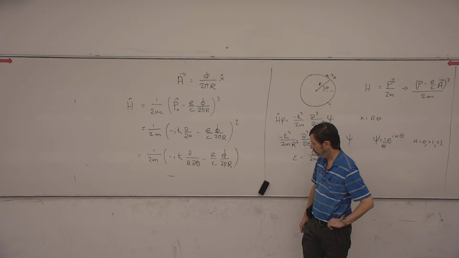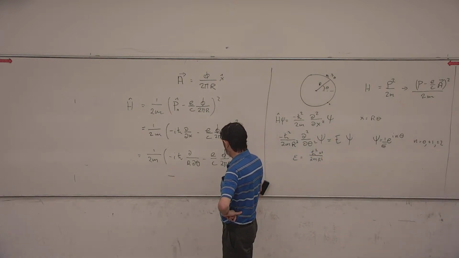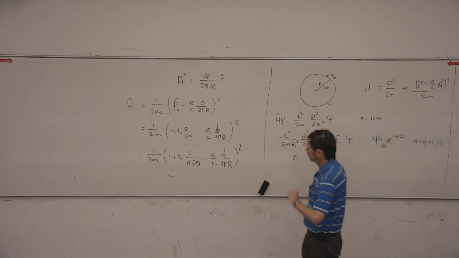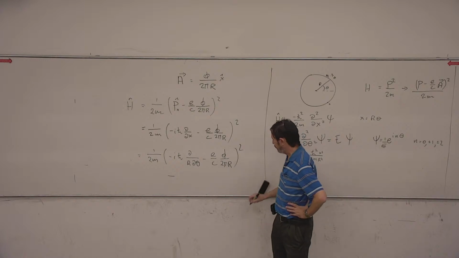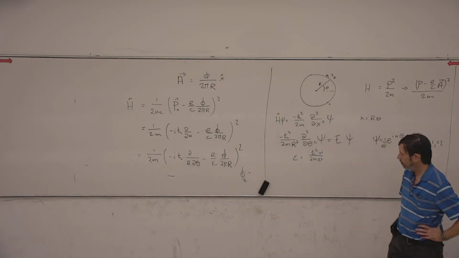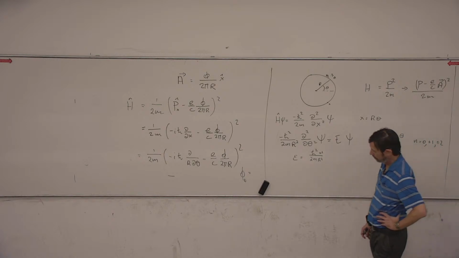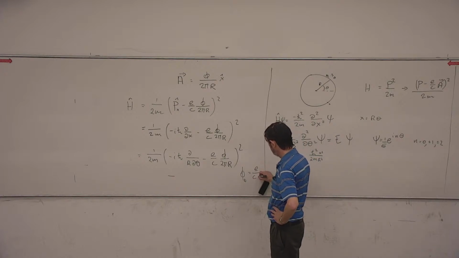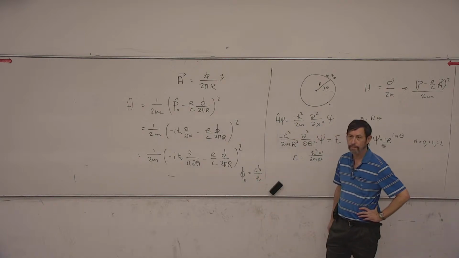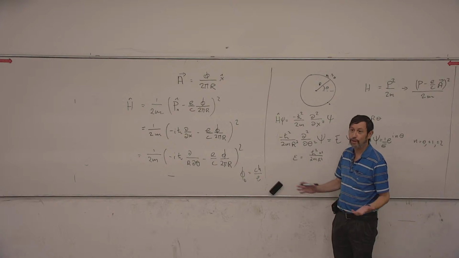Okay. You forgot the square. Correct. Okay, let me further simplify it by defining the flux quanta, a nice combination of three constants of nature.